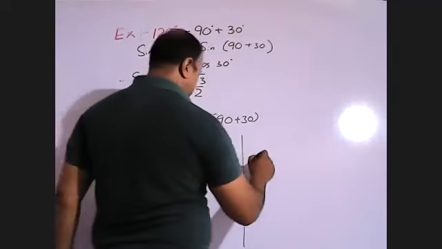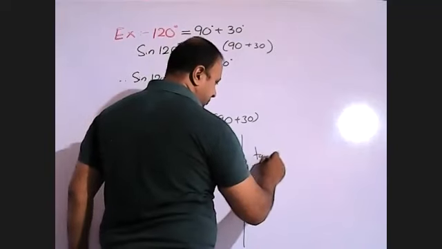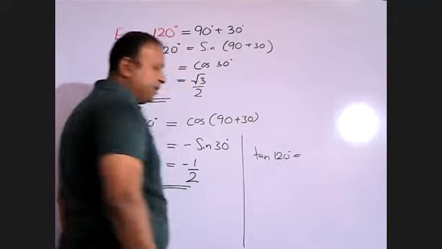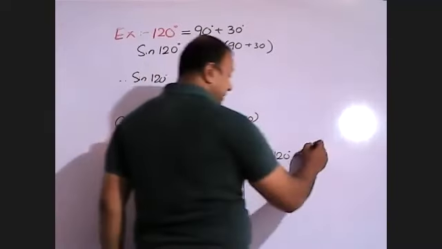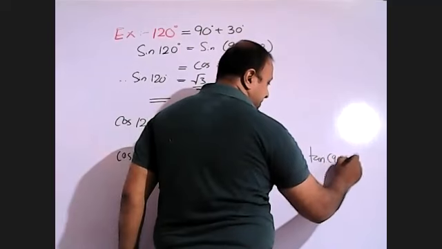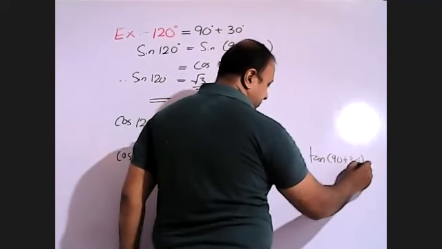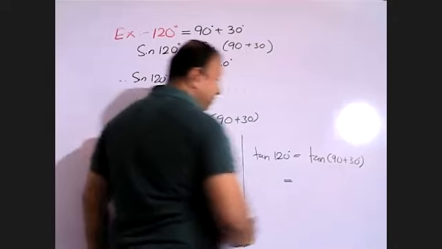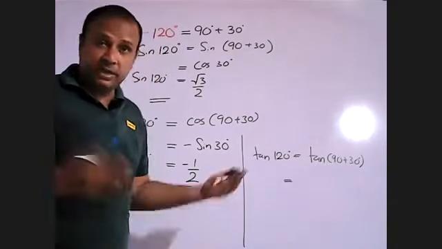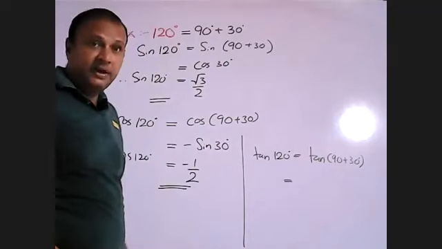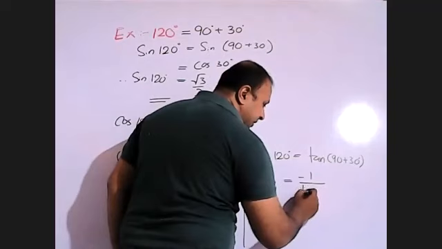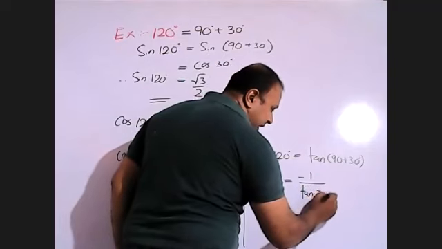Then tan 120. Tan 120 can be written as tan 90 plus 30. If you can remember cot values, then it is okay. Otherwise, you can write it as minus 1 over tan 30.